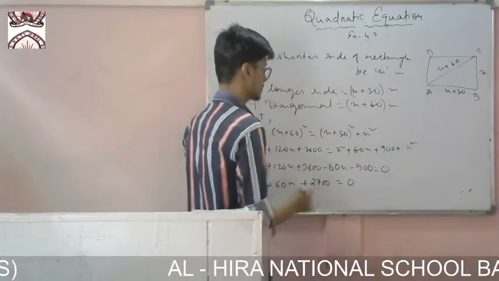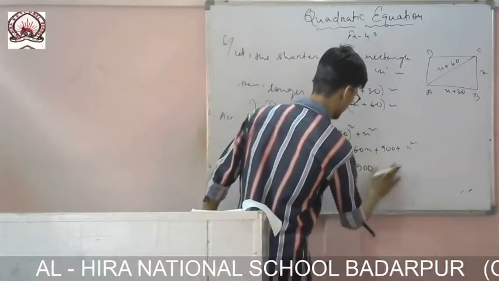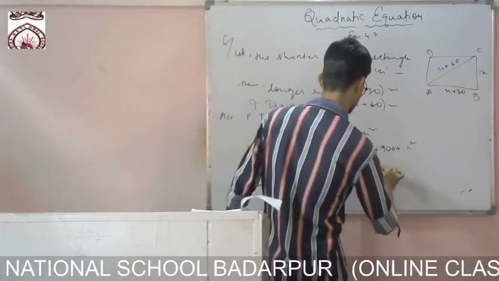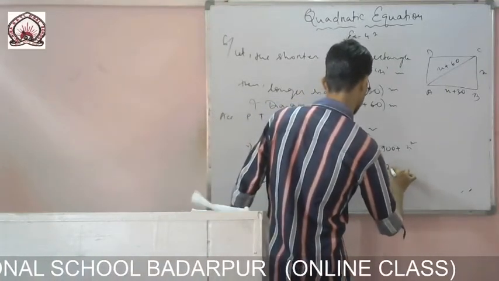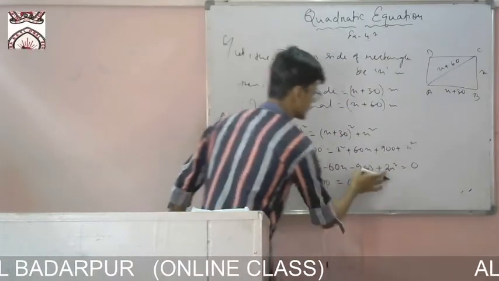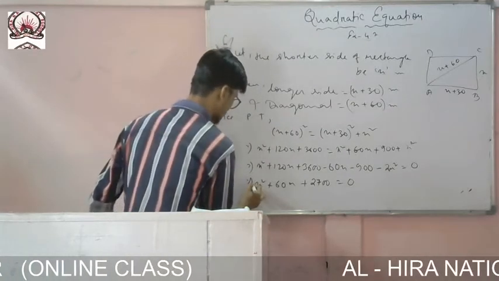So both where it is plus, there will be one extra x squared. So twice x squared will be equals to 0. If we change the side, then it will be minus 2x squared.